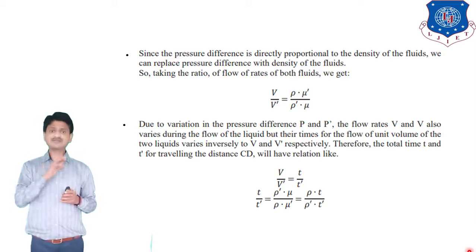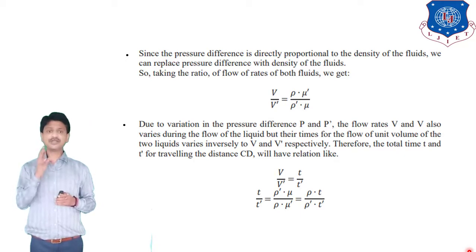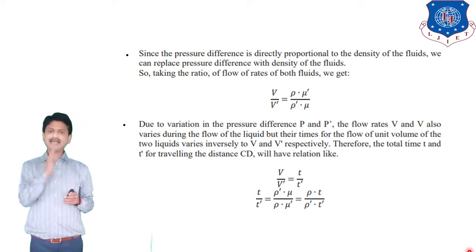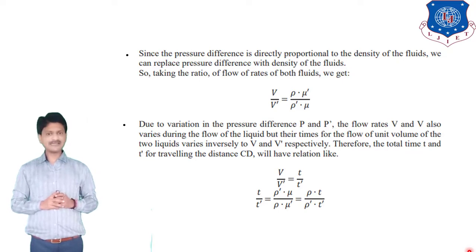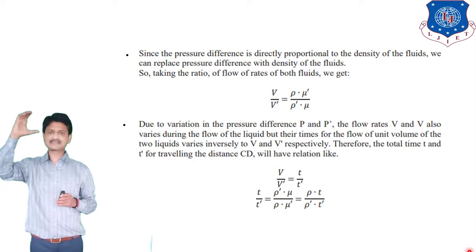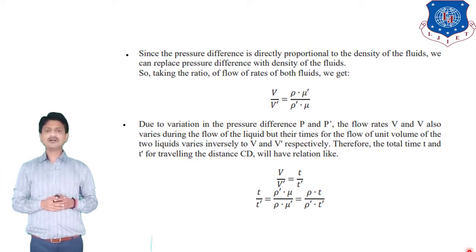But the times for the flow of unit volume of the two liquids vary inversely to V and V dash respectively. So here we can say that the total times T and T dash for traveling that portion CD, or we can say that distance CD, will have the relation V by V dash equals T by T dash.